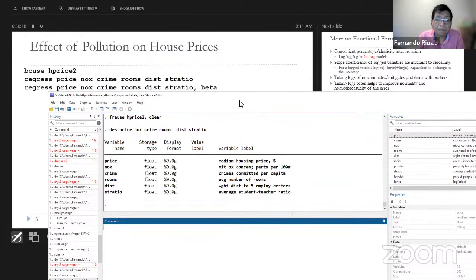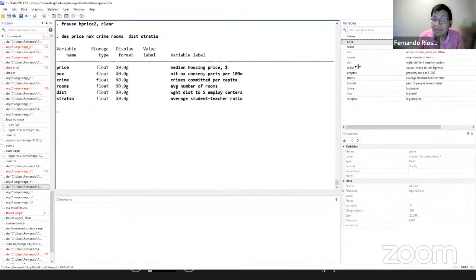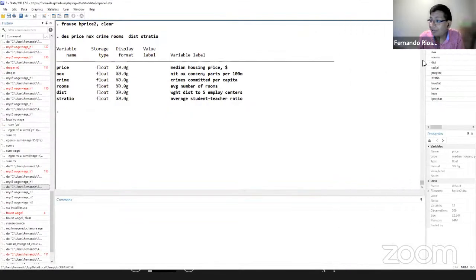Okay, so this is information at the regional level. I'm guessing you all can see my data right now. Yes?